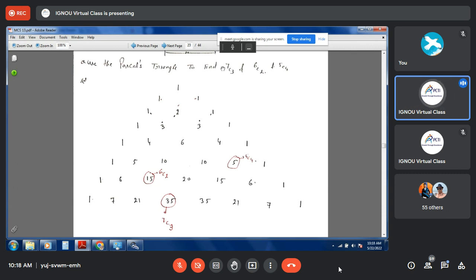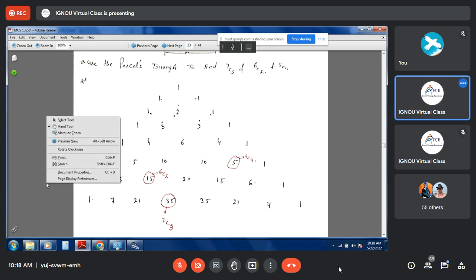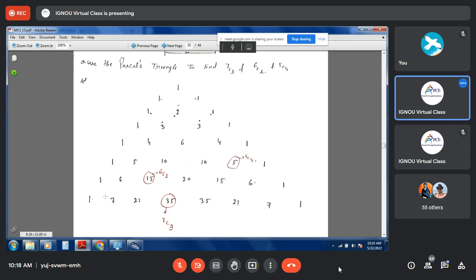This value tells us how many floors will be there. How to find 7C3? Let's come to the triangle. Where is 7? Here it is 7. From here we count: 1, it is 2 and it is 3.